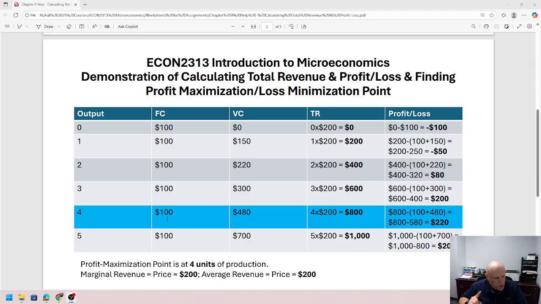Okay? Now, one other thing that you need to keep in mind when we're dealing with this type of market structure that we're learning about in Chapter 9. In Chapter 9, we're learning about perfect competition. And as you read through the Chapter 9 resources, you'll learn that in perfect competition, each firm in that type of market faces a perfectly elastic, perfectly horizontal demand curve.